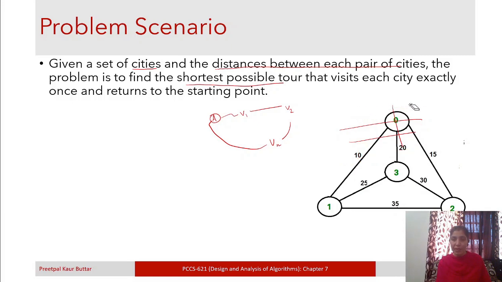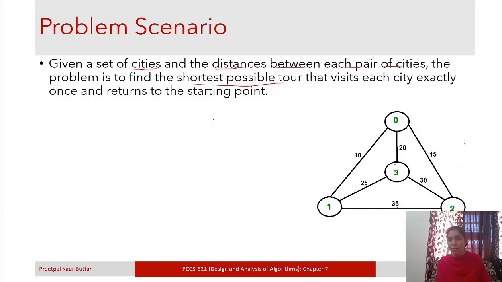So here we have an example. In this example we are given cities 0, 1, 2 and 3. So there are 4 cities and we are also given the distances between each pair of cities.